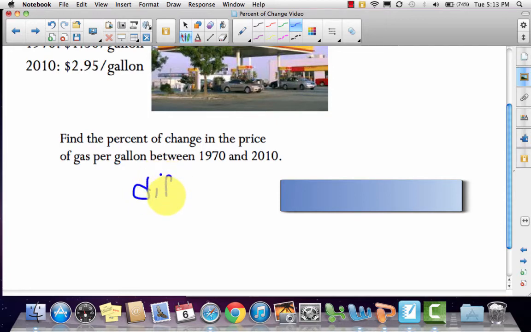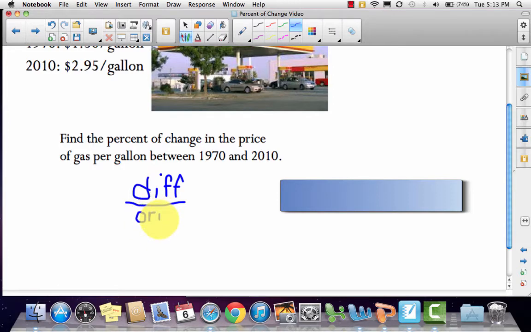The word difference tells me that I'm supposed to subtract. So I'm always going to start off by taking the two numbers that are given to me and figuring out what I get if I subtract them.